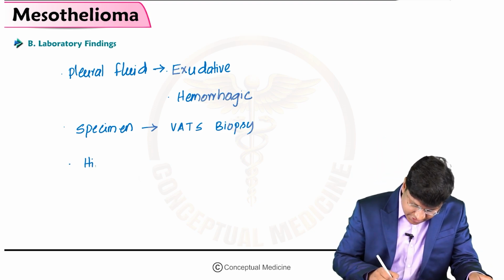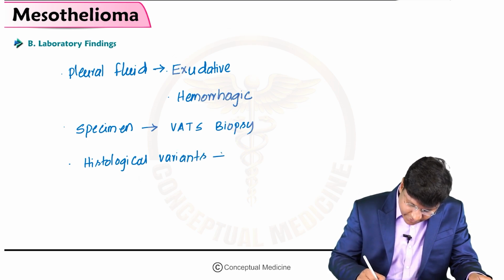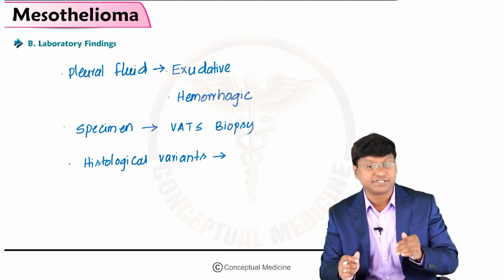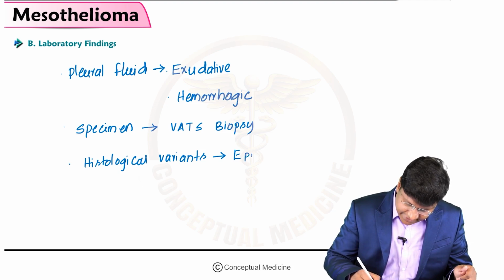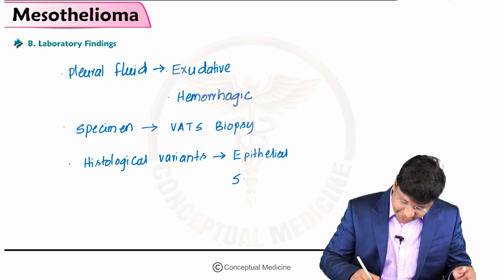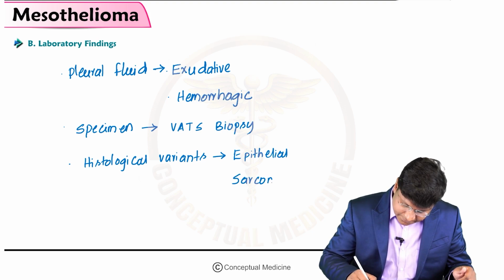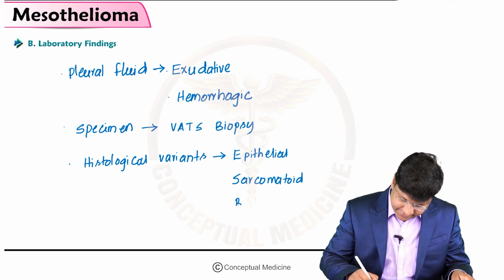So if you see the histological variants of this malignant pleural mesothelioma, these include epithelioid, sarcomatoid, and biphasic.